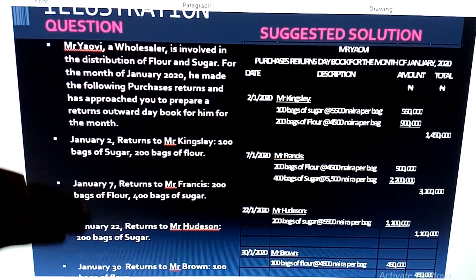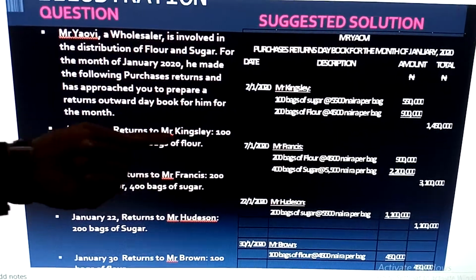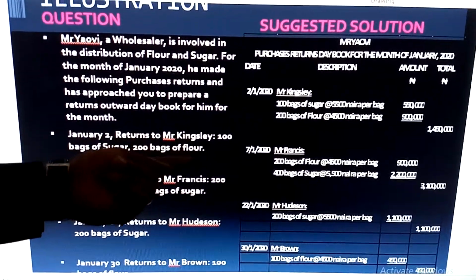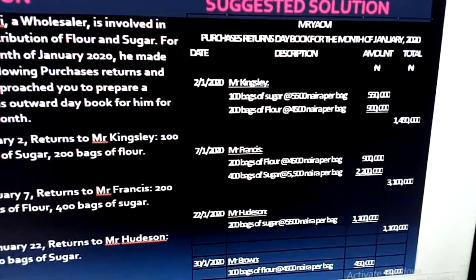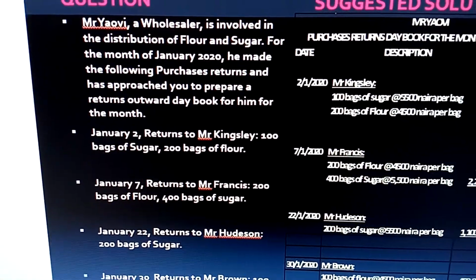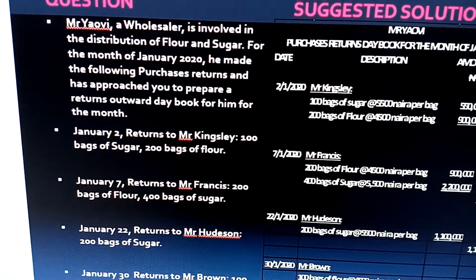And these are the returns that were made. On January 2nd, return to Mr. Kingsley 100 bags of sugar and 200 bags of flour. Looking at the question, there's no cost attached to the returned product. But we remember that these were purchased from Mr. Kingsley at a particular cost per bag.